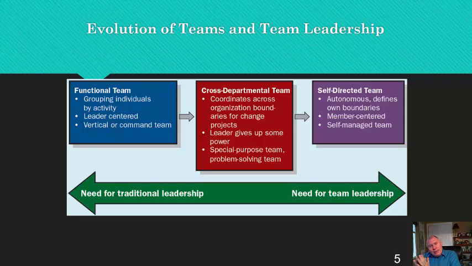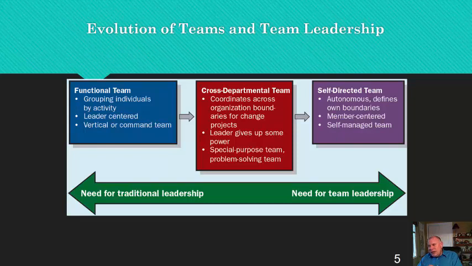That moved into cross-departmental teams, which need to set boundaries, which led to self-directed teams. As I said, cross-departmental teams are probably used much more in business today. And when we look at startup and entrepreneurial ventures, they tend to engage in self-directed teams more than more structured, larger organizations.